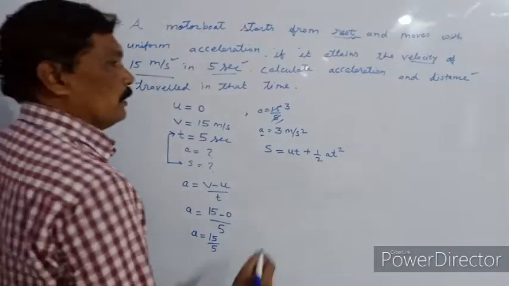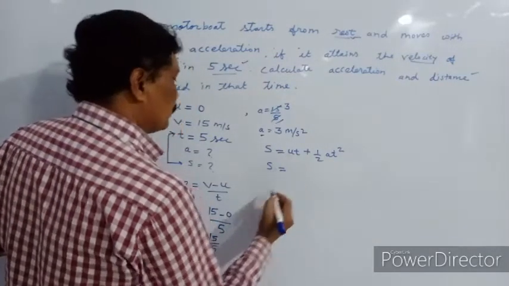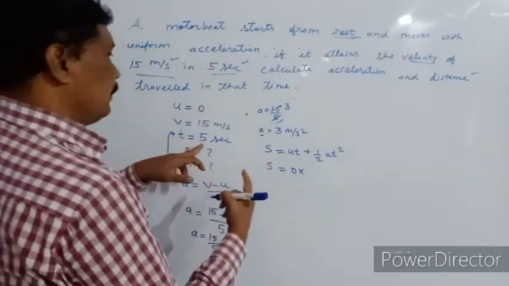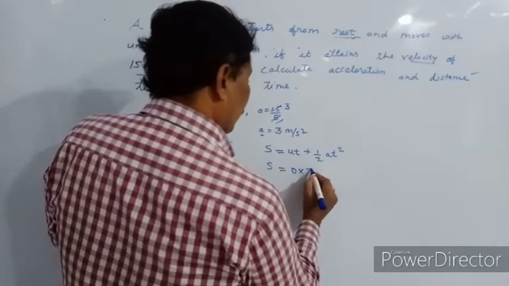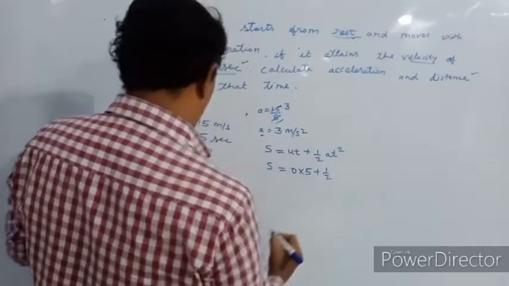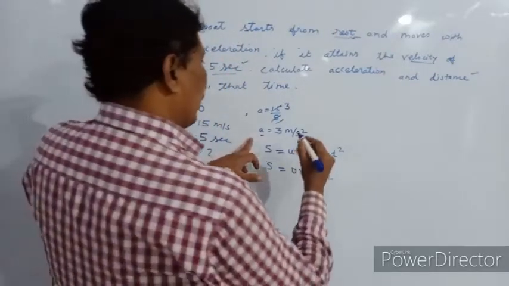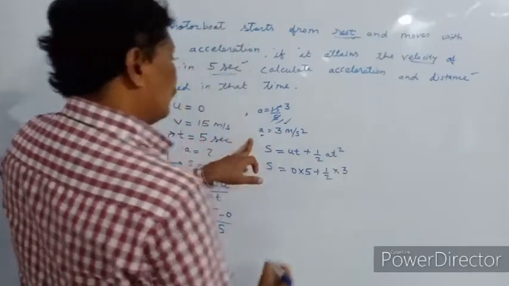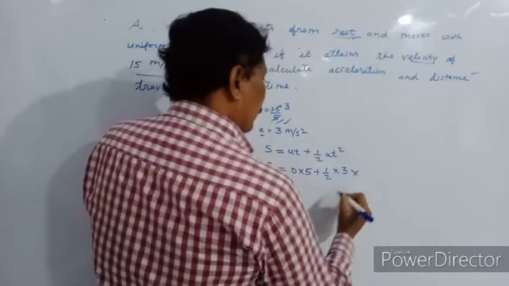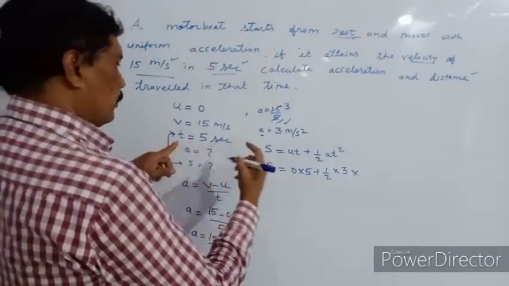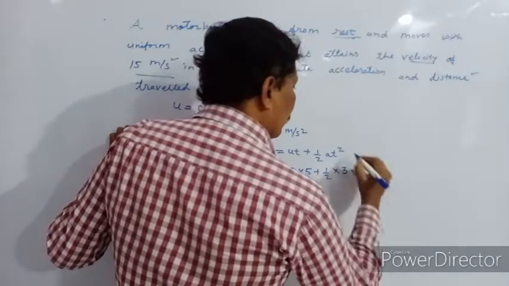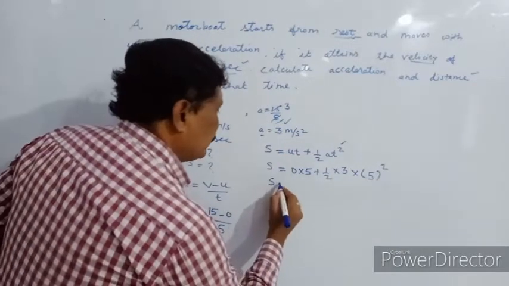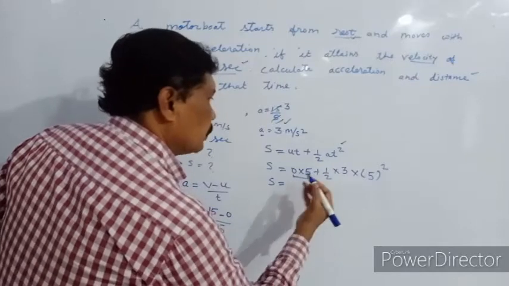Now we will put the values. s is equal to u into t, that is u into 5, plus half into a, that is 3, into t square, that is 5 square. s is equal to 5 into 0, which is 0, so no need to write.